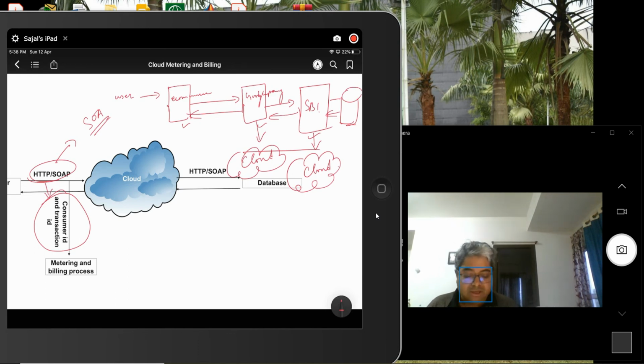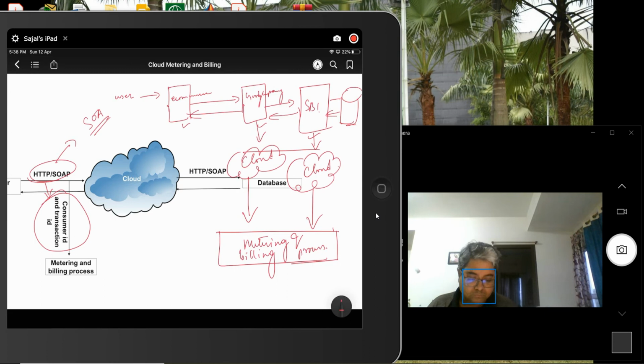Based on that consumer ID and transaction ID, the cloud modules pass them to their metering and billing procedure, and they complete the metering and billing process. That is why we need to keep track of the number of SOAP and REST messages. And another thing is that there is no maximum limit on the number of SOAP and REST messages.